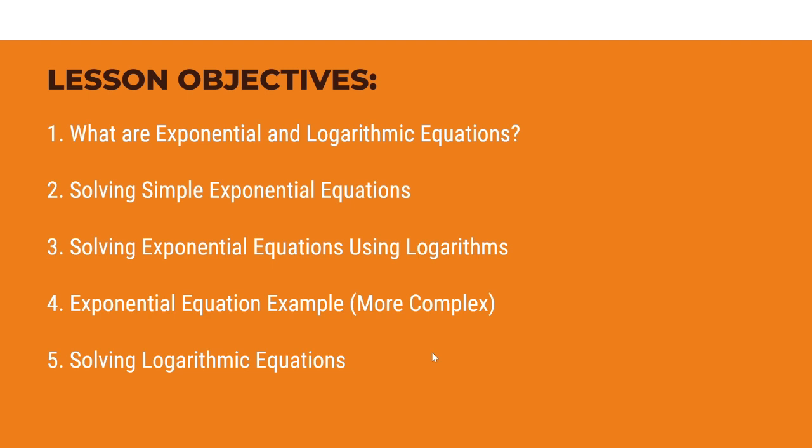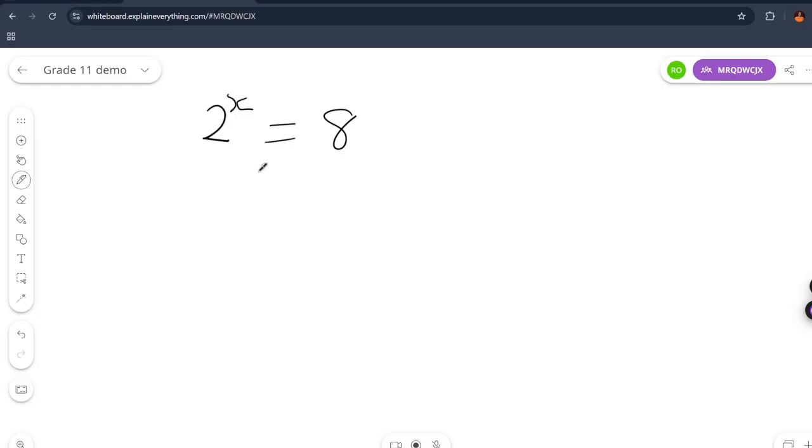Now, the next thing is the logarithmic equation. A logarithmic equation is an equation that involves a logarithm, usually to solve for a variable inside the logarithm. Here is an example: log x base 2 equals 3. You can see the difference between an exponential equation and a logarithmic equation.